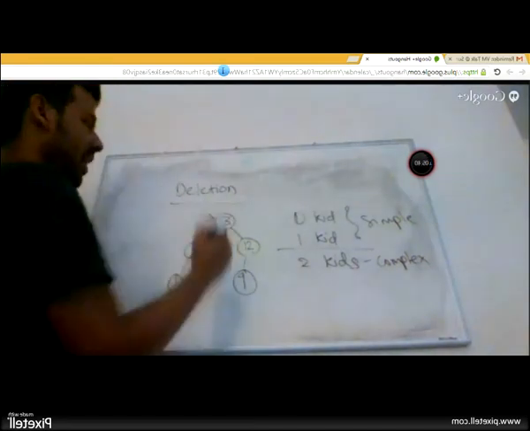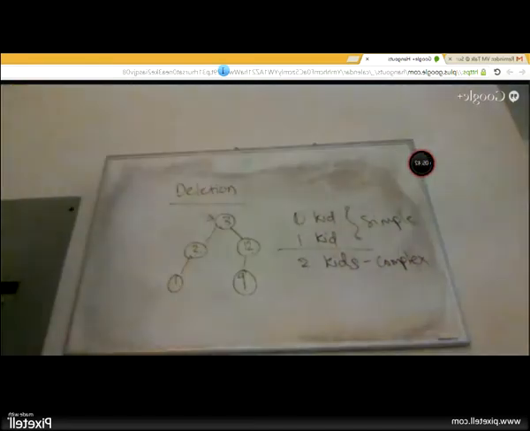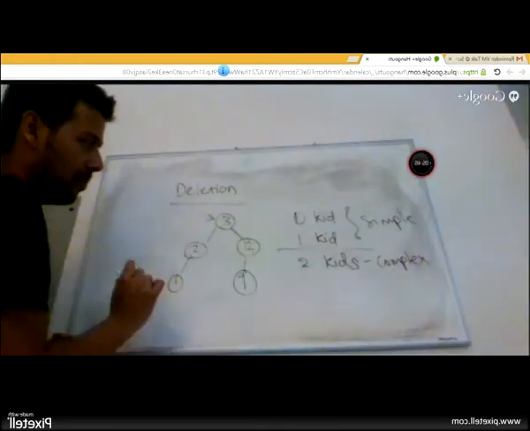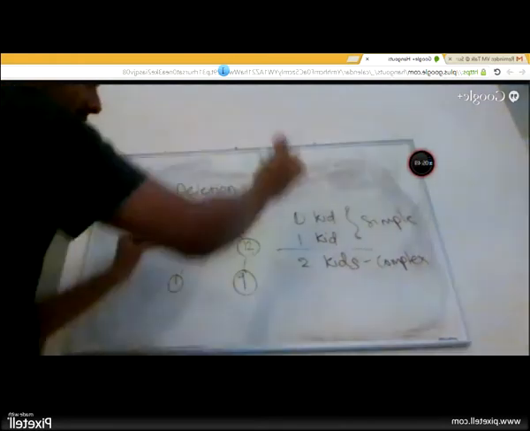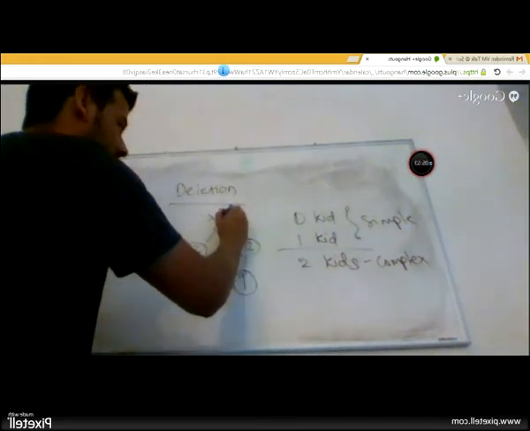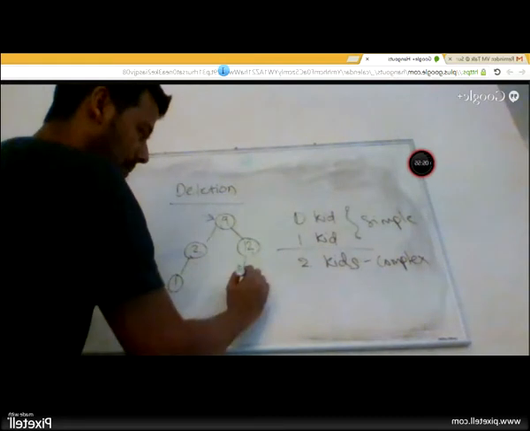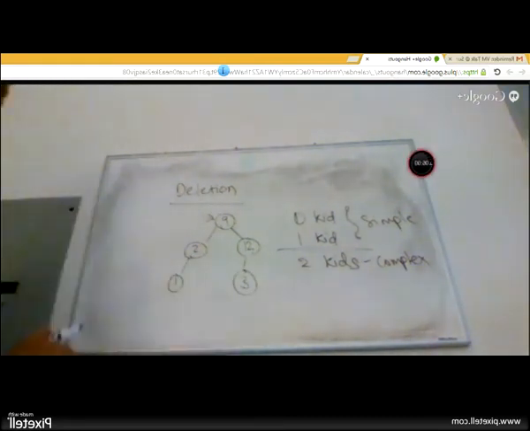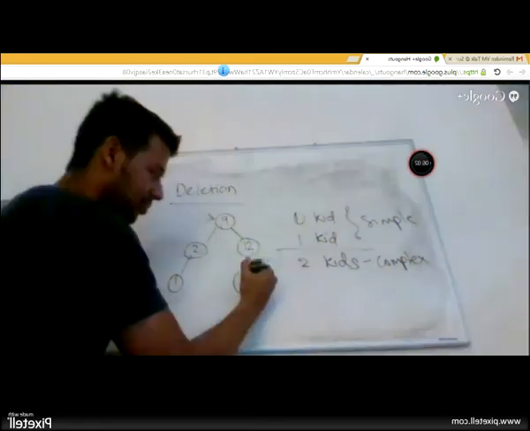Let's say I have to delete 3 because this guy has two kids. I find out the in-order successor. The in-order successor of 3 is 9. Instead of moving things around, I just swap the values. I make this 9 and this as 3. I just swap the value. I don't make any change to the node itself. I just swap the value.